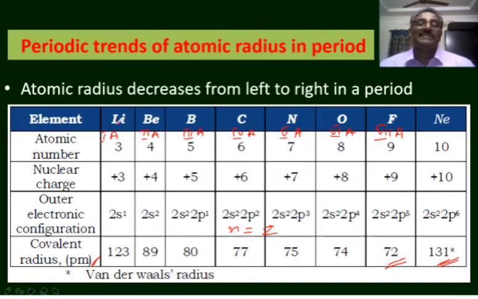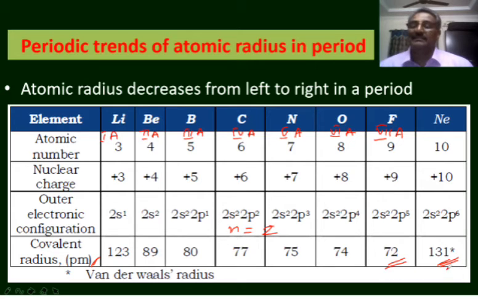In a period, the first element has the highest size and the 17th group element has the least size, but the element in the 18th group possesses the highest atomic radius, even more than the first element in the period. The reason is all these radii measured for these elements are covalent radii, but in the case of inert gas neon, the radius measured is not covalent radius, this is van der Waals radius.